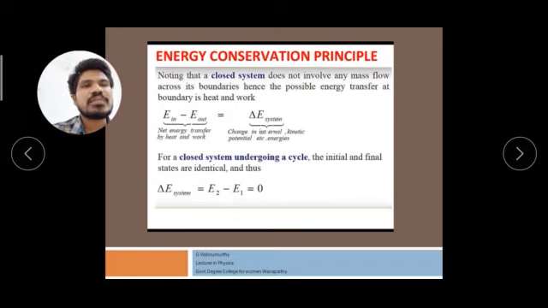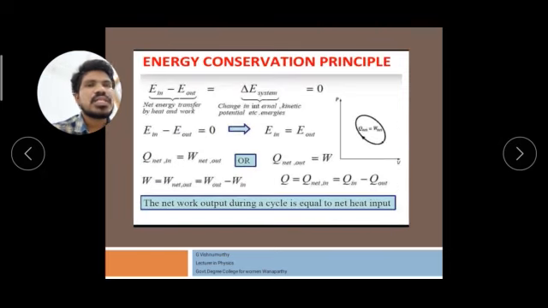And the energy conservation principle: E input minus E output is equal to delta E system. Here E input minus E output is the net energy transfer by heat and work, and delta E system is the change in the internal, kinetic and potential energies. For a closed system undergoing a cycle, the initial and final states are identical, so E2 is equal to E1 and E2 minus E1 is equal to 0, so delta E is equal to 0.